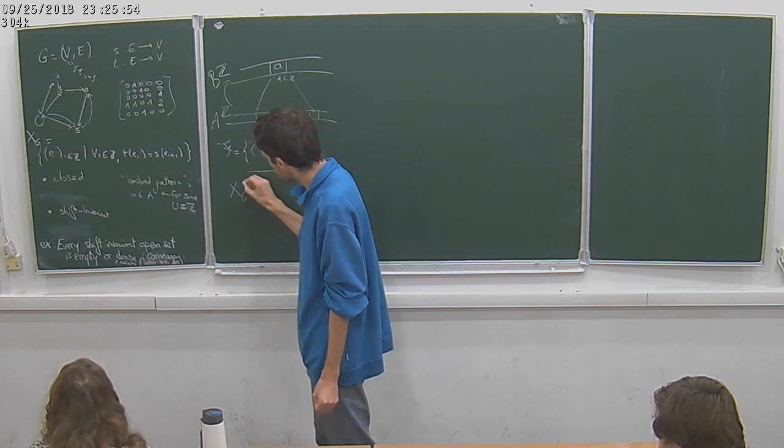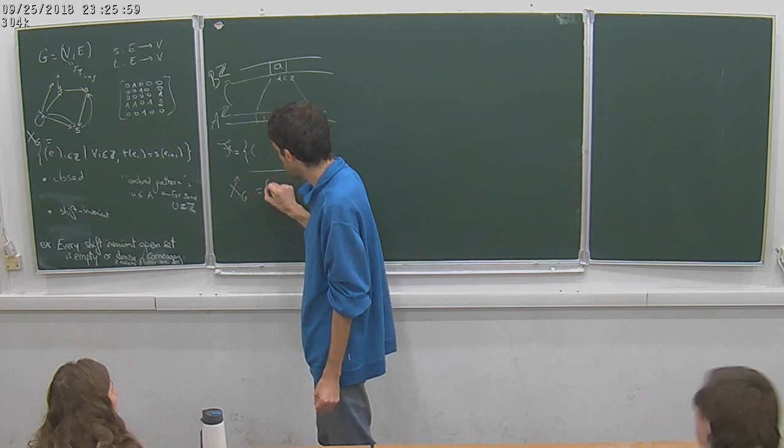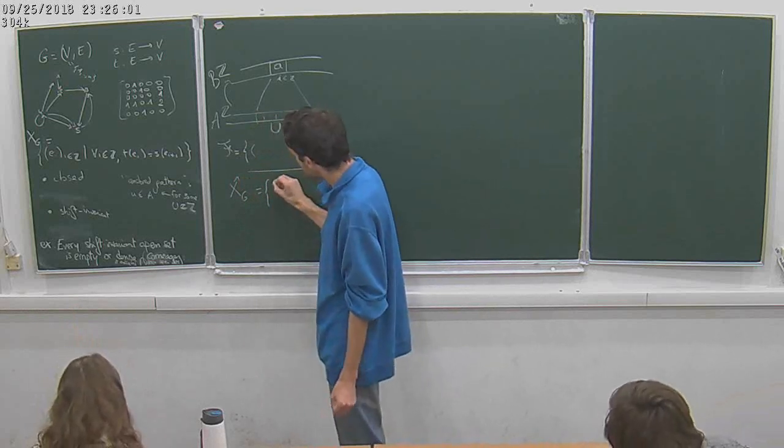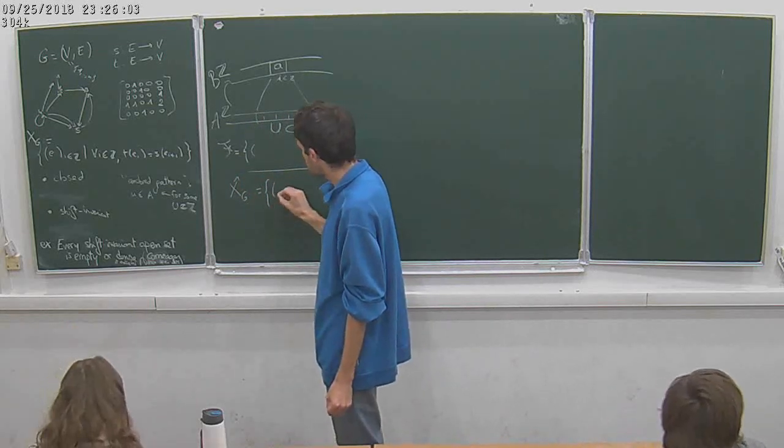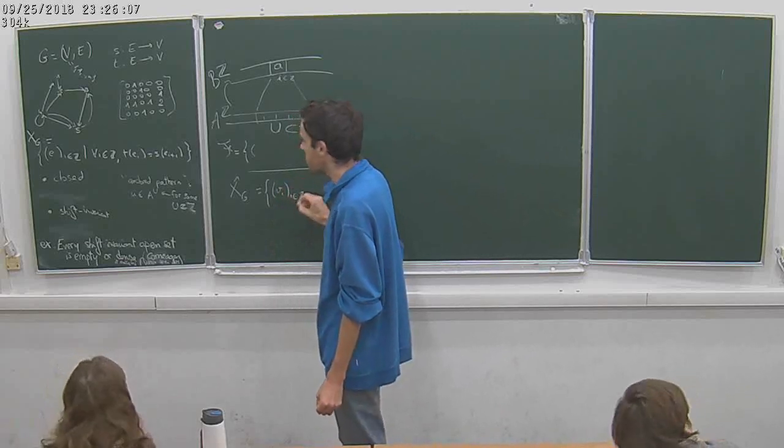So last week we also defined another set. It was at the end very rapidly, which was a vertex path, which is maybe what you have in mind now.